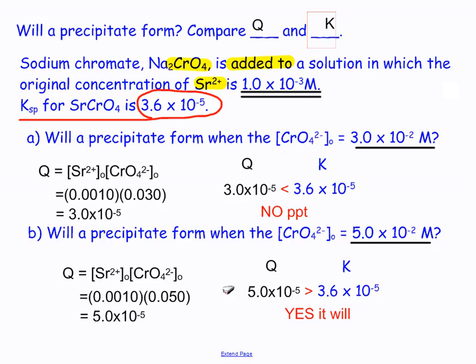We will see a precipitate. So all you need to do to determine if a precipitate is forming is use the initial concentrations compared to the equilibrium constant.